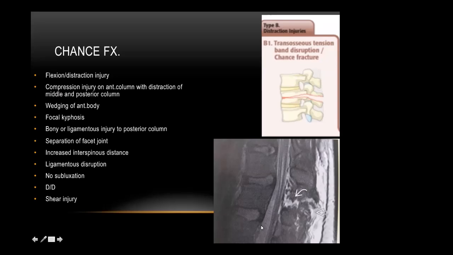This slight angulation is focal kyphosis, and this focal kyphosis is a subtle sign that the posterior column is gone, which is the main column in stability. That fracture is unstable. There is a small fracture starting from the bone here, going all the way there. The spinous process is intact here, but it's split here into two parts. This is the split of the spinous process, this focal kyphosis.